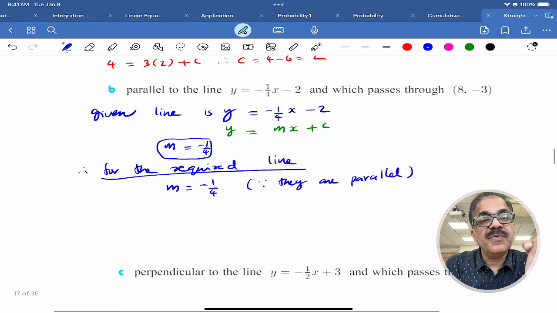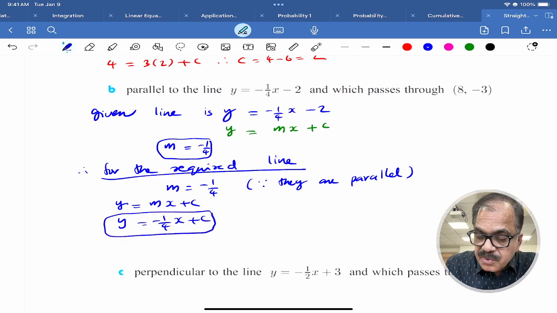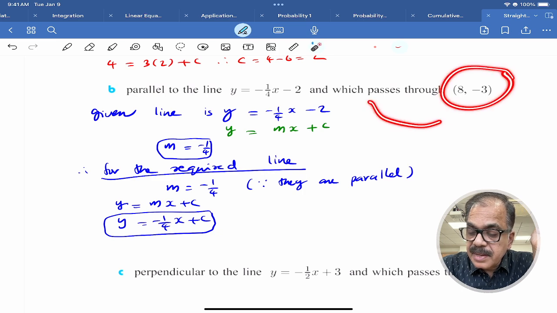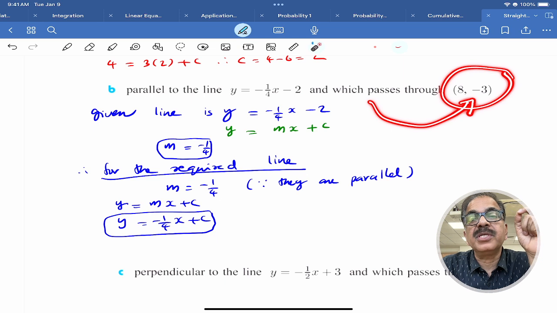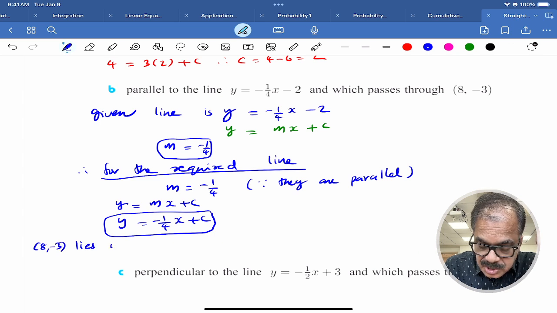Okay, so I know the value of m, so I'm going to write the equation of the line, which is y is equal to mx plus c, y is equal to negative 1/4 x plus c, but c is missing. And to find this c, they gave you an additional information that the line passes through the point (8, -3). So I'm going to write that bit of information here. (8, -3) lies on it.